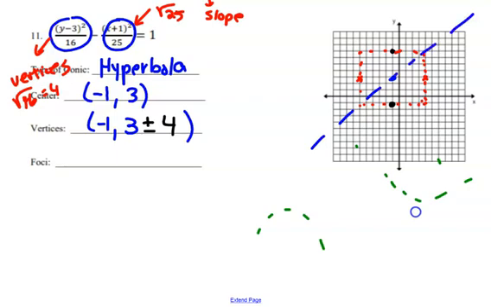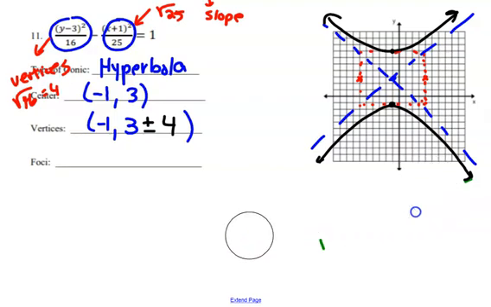Now we're going to do asymptotes, through the corners of the rectangle and through the center. And again, we're going to use the asymptotes as a guide so we know how fat or how skinny to make it. And then it's going to go through the vertices there. So those red ones on the right and left, those are not really points.